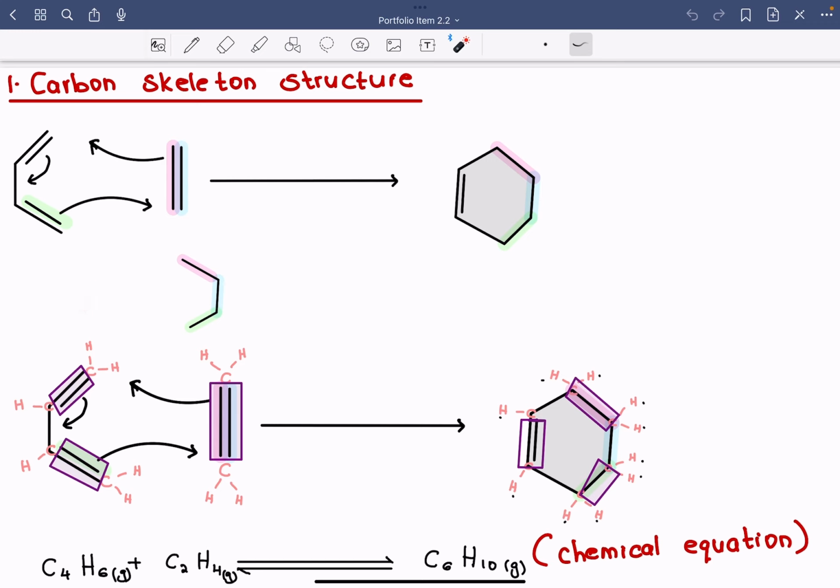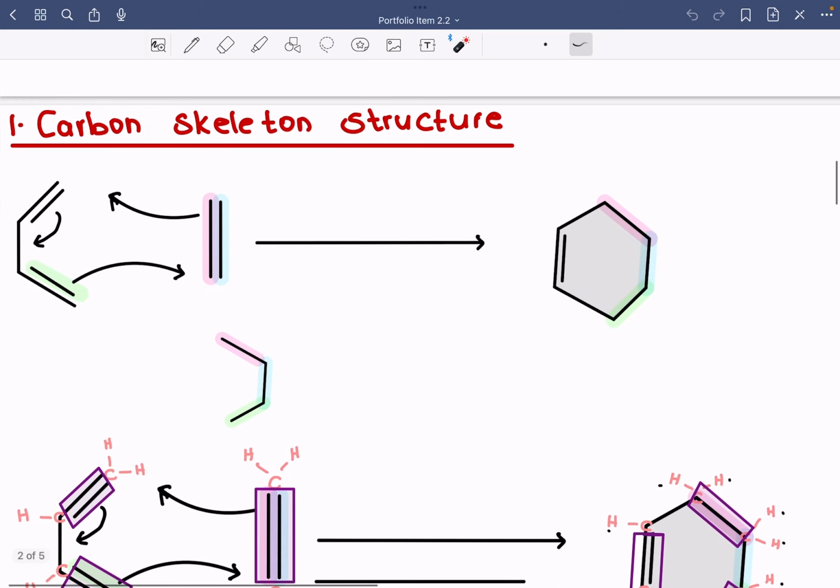But then remember, carbon needs 4 bonds so that it can be in an octet, so that it's stable, right? This carbon has 1, 2, 3, 4 bonds. So that needs 2 hydrogens to be full, to be stable. So in this C, we have 2 hydrogens.